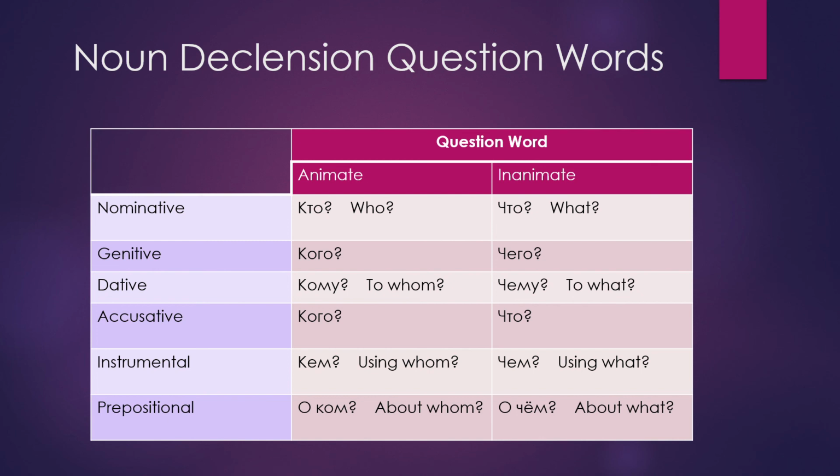Accusative, кого, что. Instrumental, using whom or with whom, or using what or with what, кем, чем. And prepositional, about whom or about what, о ком, о чем. So these are question words that are very important when we're forming questions.